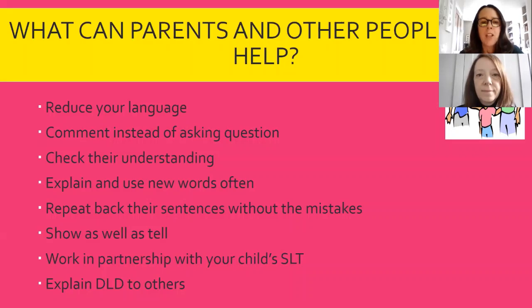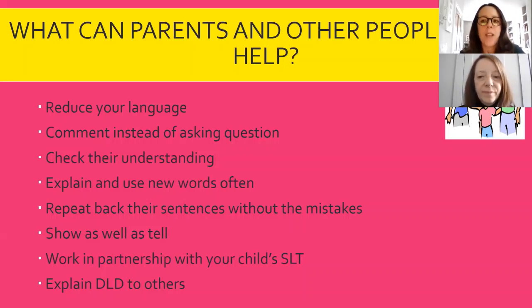You can explain and use new words often. So if you explain a word, then you might need to repeat that word, because we know that children and young people with DLD need lots of exposures to new vocabulary. You could repeat back their sentences without the mistakes. So if they make an error in a sentence, rather than getting them to correct it, just try to naturally repeat that back to them without a mistake.